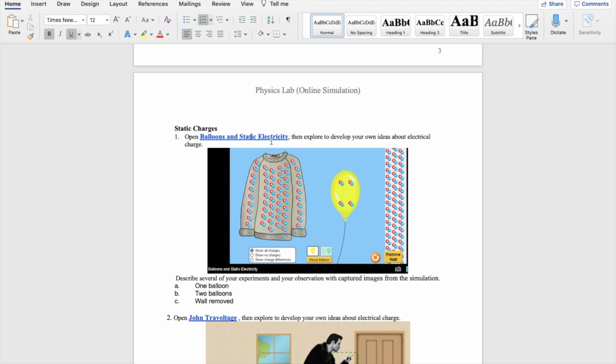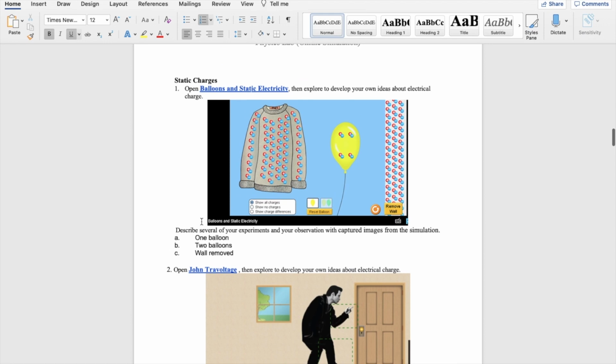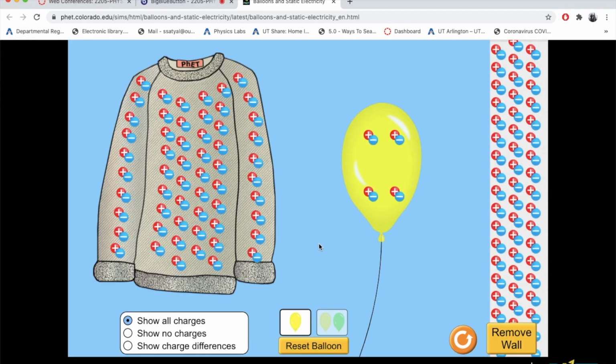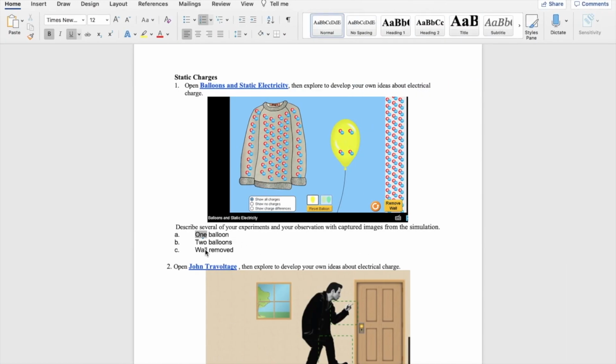You'll have to open this and explore to develop your own ideas about electrical charges, based on what you have learned from class or from the theory lecture today. You'll have to explain the different activities that we'll perform today. Here I made a note, but in your manual it should just be a dotted line.